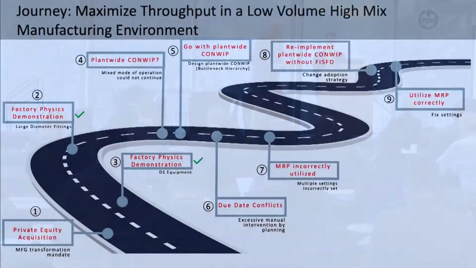So we started to see conflicts arise. We arrived at a decision point, and that's mile marker number 3, I believe: how do we end up getting the entire plant on CONWIP.